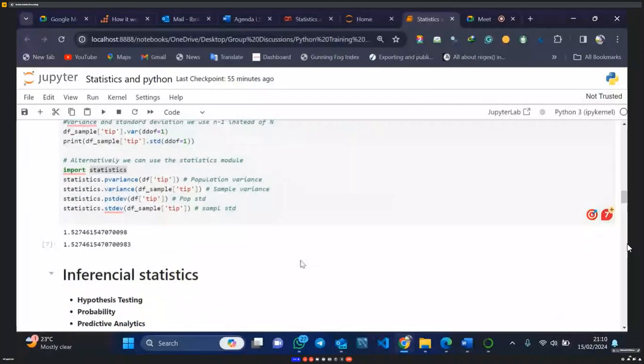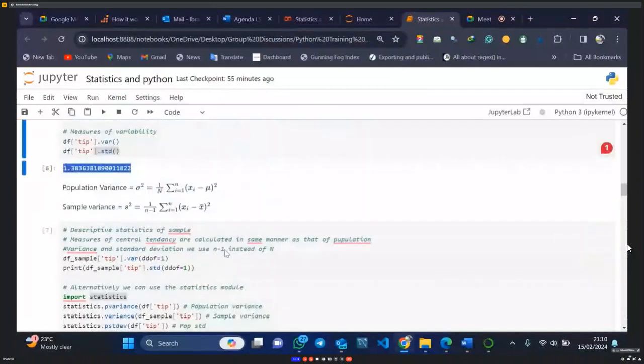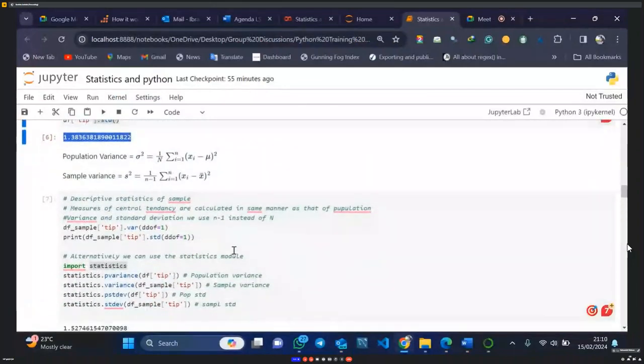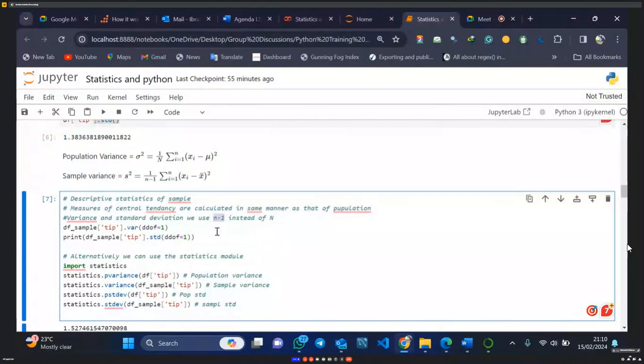Ibrahim, can I ask a question? What does DDOF stand for? I think that's the degrees of freedom. Because when you are calculating the variance of a sample, we take the total number of that sample, then we minus 1 to get the degrees of freedom.